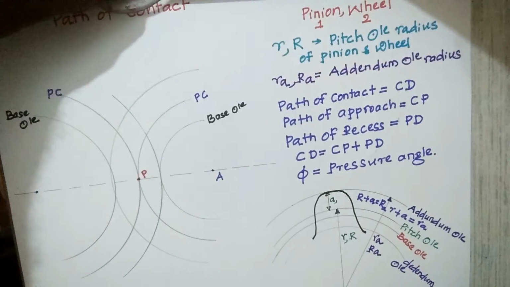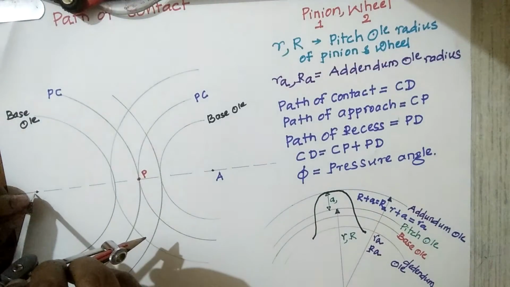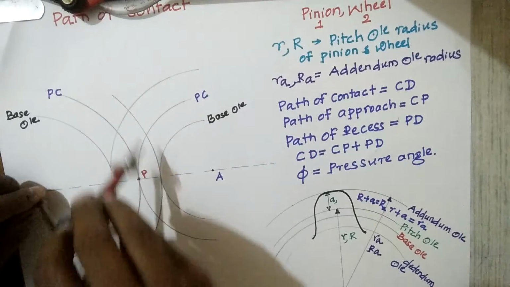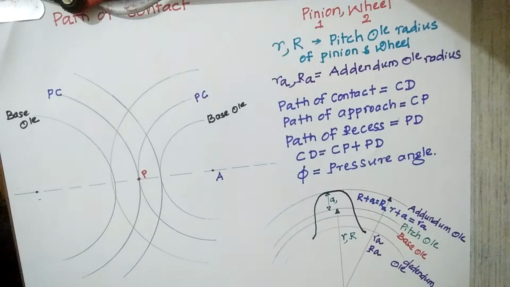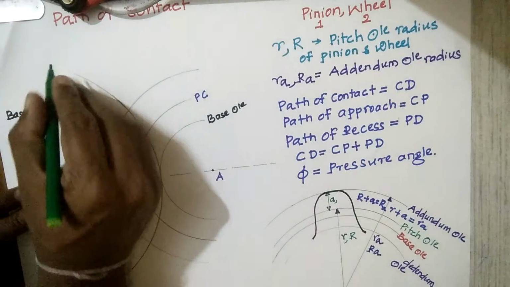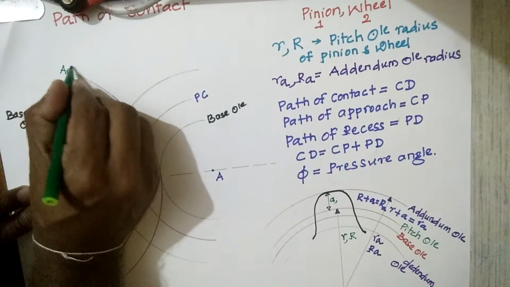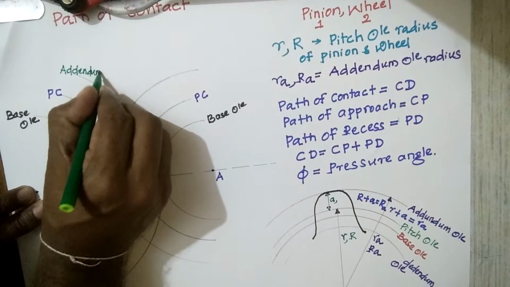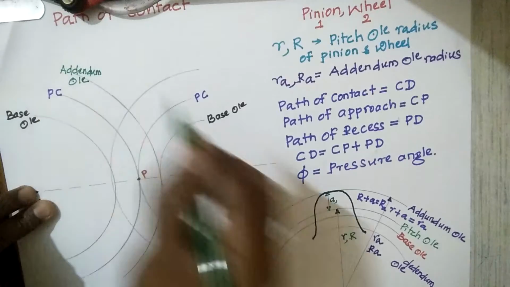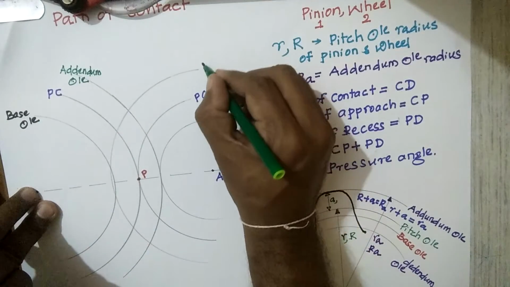Okay, I hope that got it. This is the addendum circle of the gear wheel.